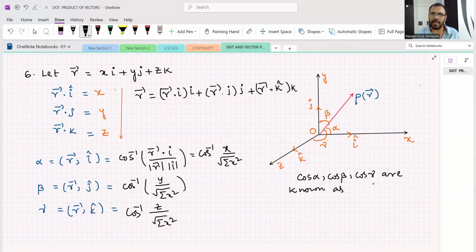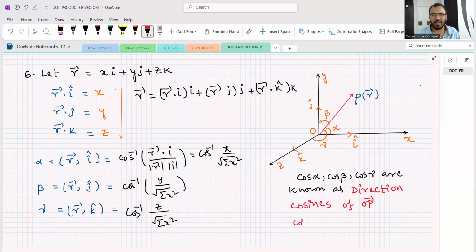Now alpha, beta, gamma are the angles made by the vector with the positive x, y, z axes. Then cos alpha, cos beta, cos gamma are known as direction cosines, which means they decide the direction of the vector. That's why they are known as direction cosines. These cosines give the particular direction of the vector OP bar.